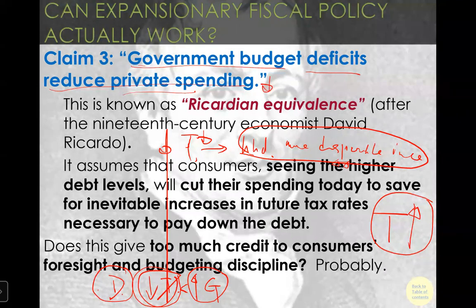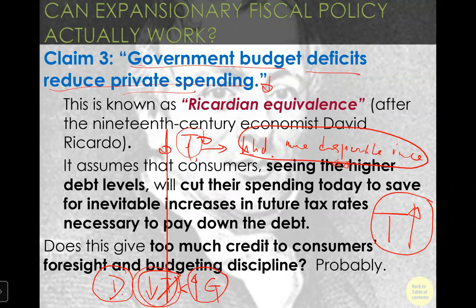Now, what are the problems in this idea? There are at least two flaws. I wouldn't say flaws, probably too strong a word. There are two exceptions. Number one, do you really think everyone can do this sophisticated calculation?